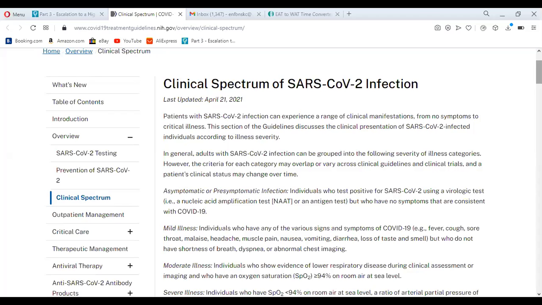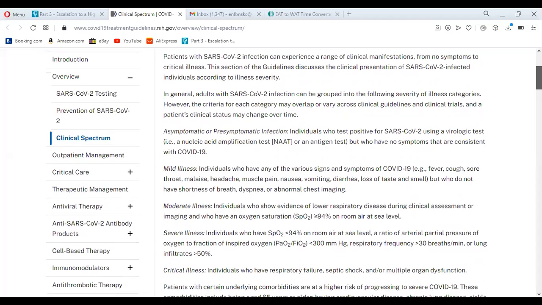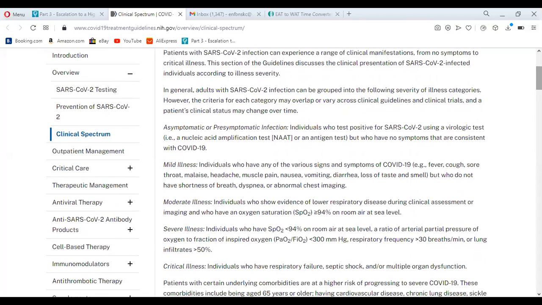Then you have those with a mild illness who will have fever, sore throat, malaise, headache, muscle pain, nausea, vomiting, diarrhea, loss of taste and smell. But they have no shortness of breath, dyspnea, or abnormal chest imaging when they have a chest X-ray.